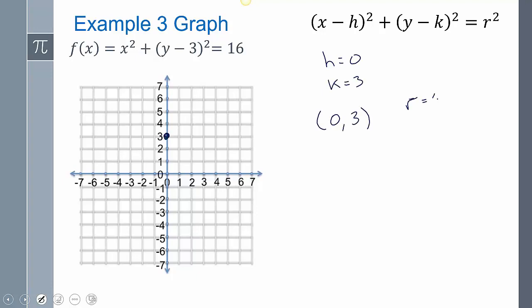And my r equals 4, because 16 equals r squared, square root both sides. And so 0, 3, r is 4, and so now we can go through and draw our circle. Not bad.